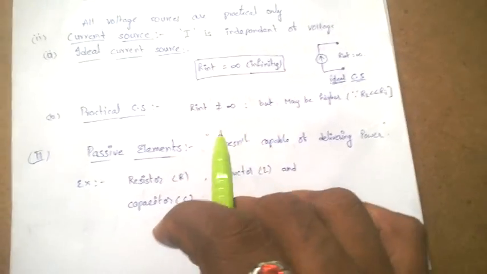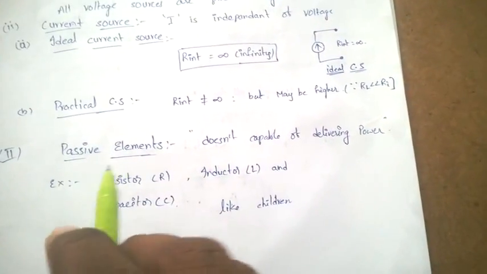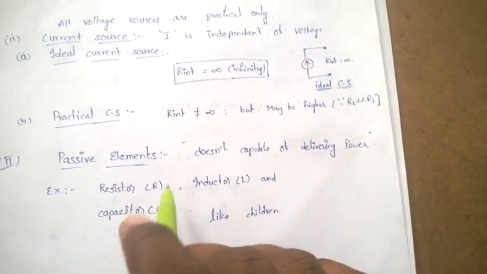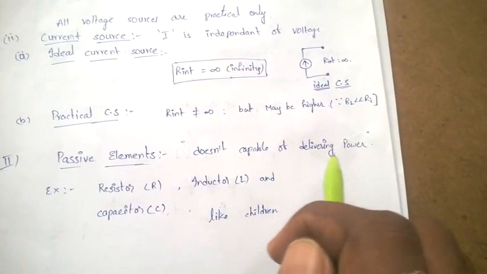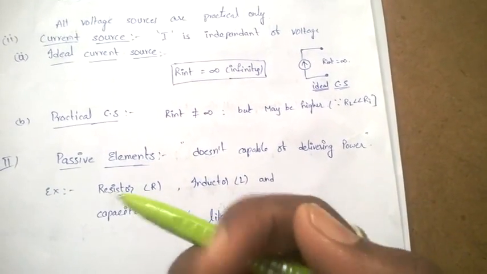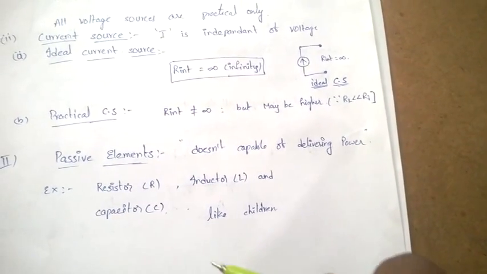Next, after active elements, the second one is passive elements: the elements which are not capable of delivering power, that means they are capable of receiving the power.